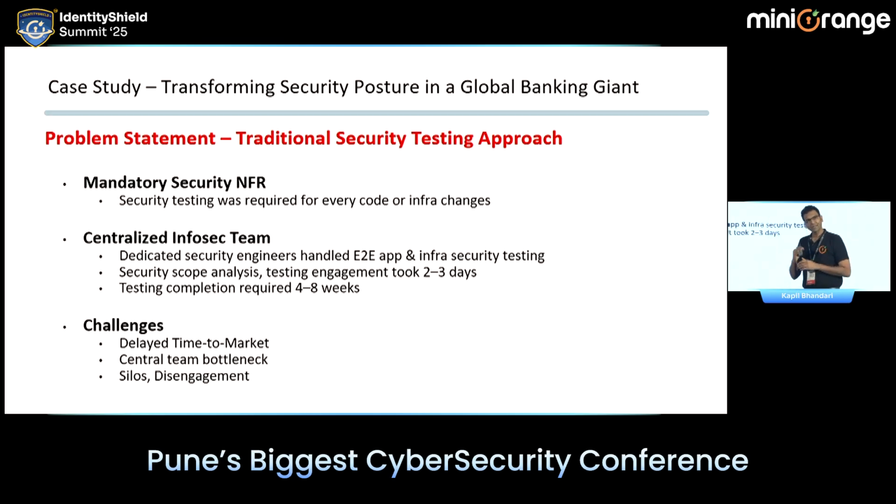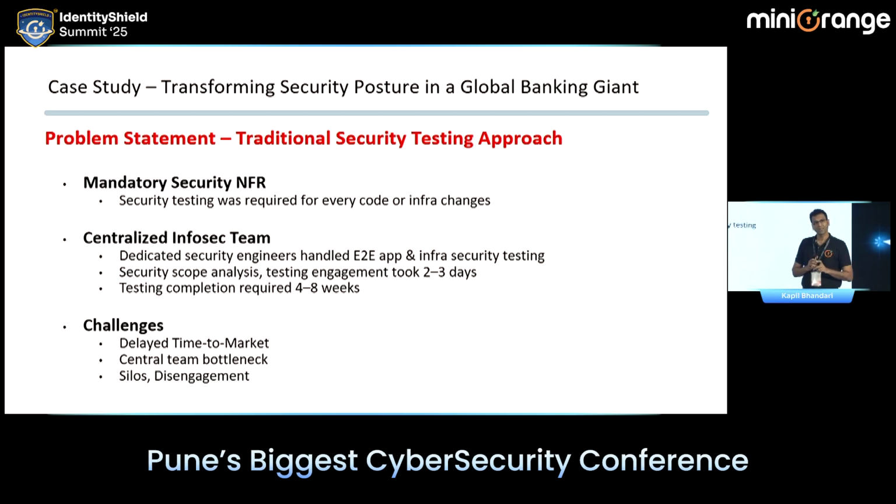Once the engagement assessment was finalized, they used all these tools: SCA, SAST, DAST, penetration testing, everything. The availability of those tools was limited to the InfoSec team only, and it was taking around 4 to 8 weeks based on the nature of the change.